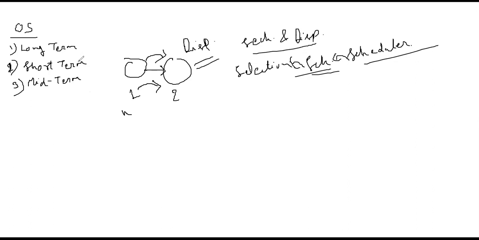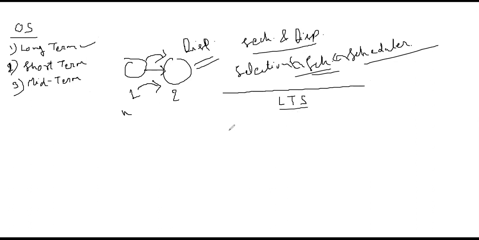So let's pick one by one: what is the long-term scheduler, where is it used, and why is it called long-term? We will discuss today everything related to long-term. In short form, that is known as LTS, long-term scheduler.